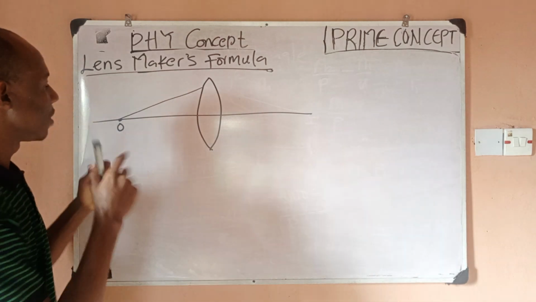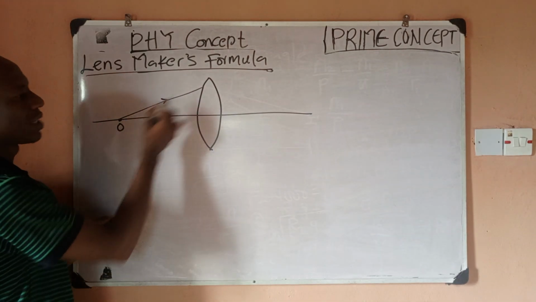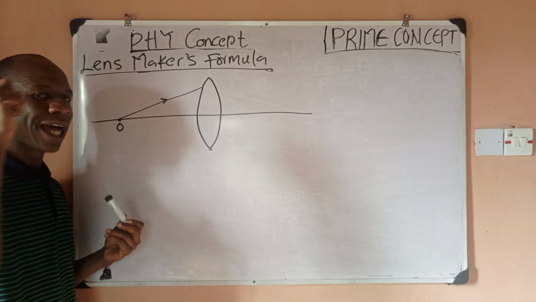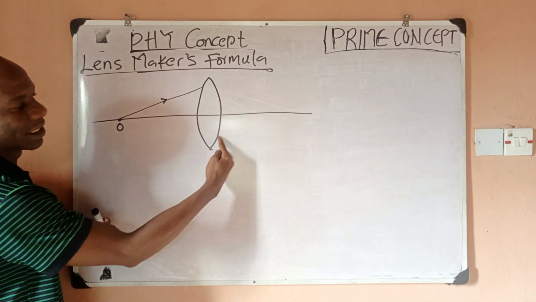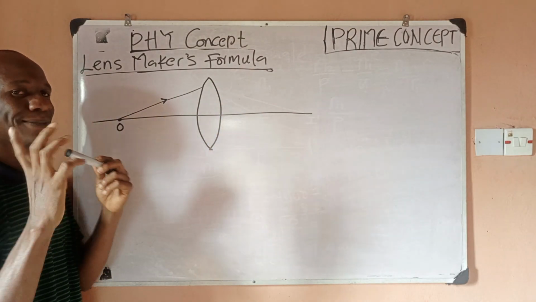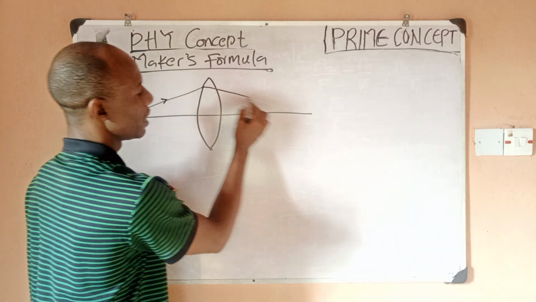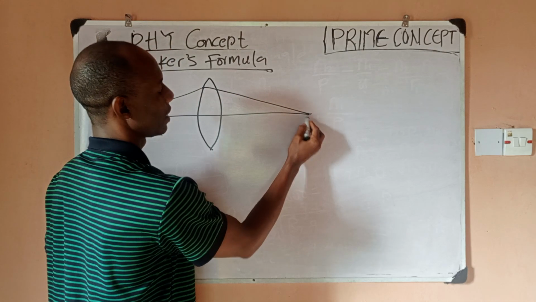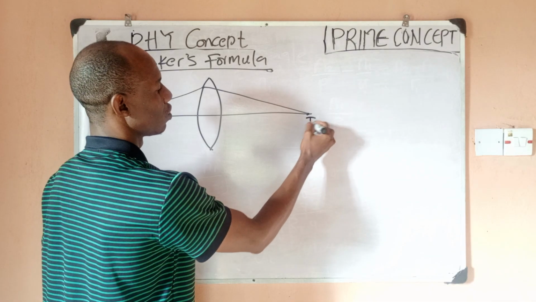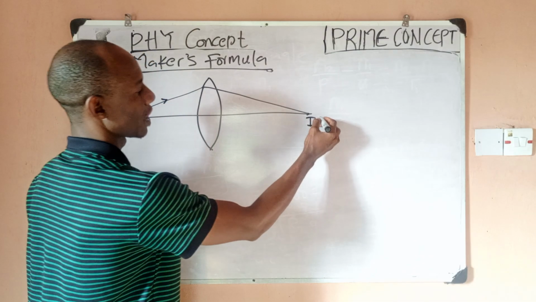Now, if light from my object hits the lens, assuming that this other surface is not present, you would expect that when it hits this point, the light would refract and hit somewhere around here, which would form an image, which I would call I prime.